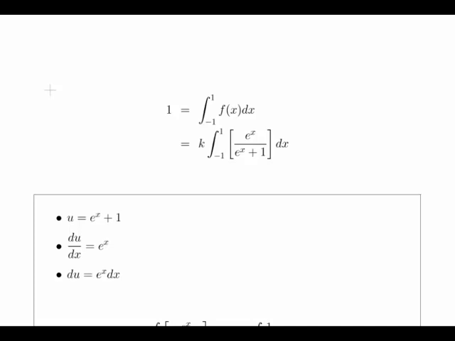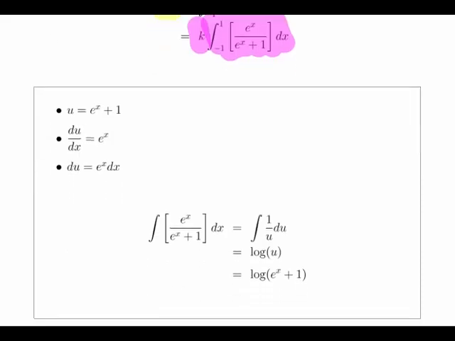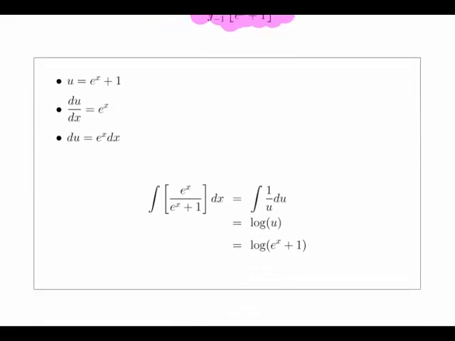When we try to calculate it, essentially this is what we have to do. Our integral must integrate to 1. So we have to evaluate this expression and then derive k from that. What we're going to do here is use integration by substitution. Let u equal the exponential of x plus 1.